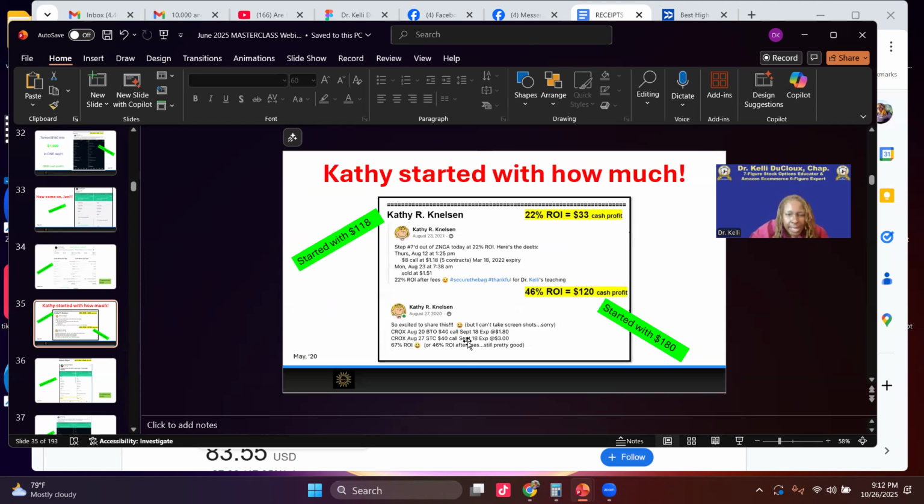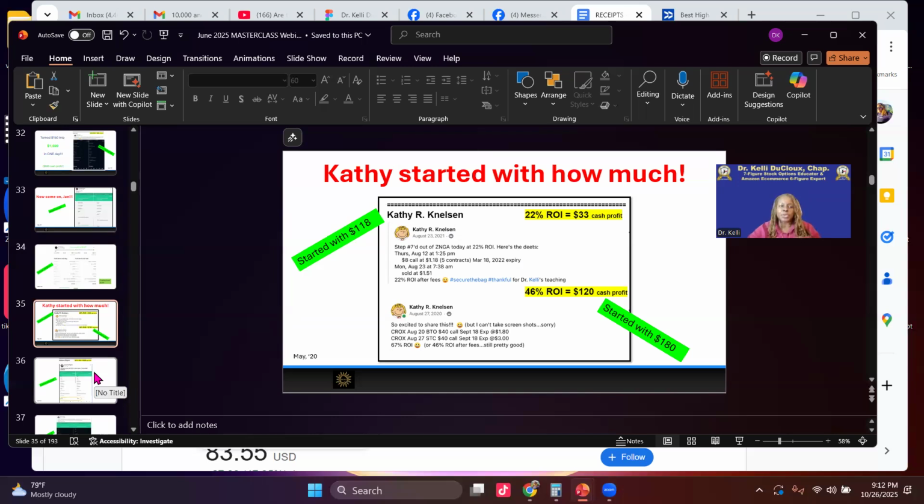She started this one down here with 180 and cashed out 300, 1.8 to 3.0. And this one up here looks like she started at 1.18 and cashed out 1.51. Okay, so 180, of course, means $180. 1.18 clearly means $118. All right.